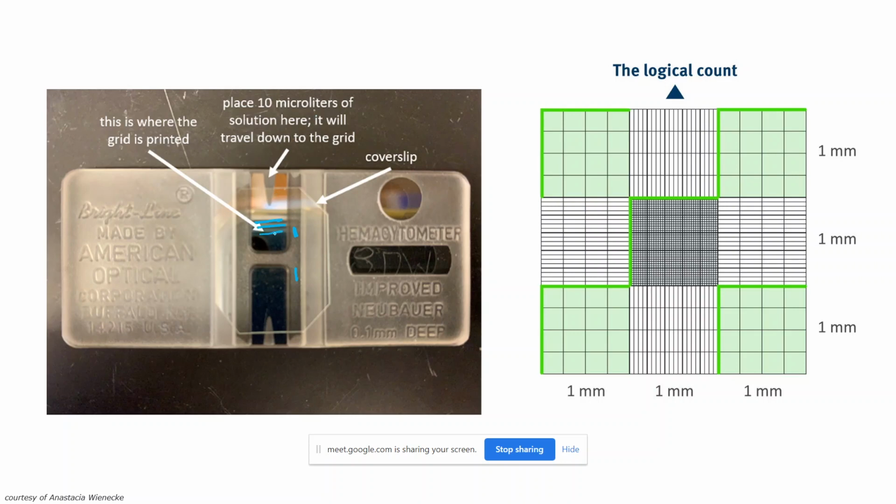Your solution will cover the space. If you zoom in to these two chambers, each chamber is made of squares like these when you look under the microscope. There are basically 9 large squares. So this is one.